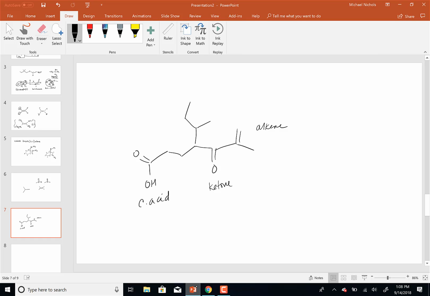Okay, so we've got to come up with the longest continuous carbon chain, and it's got to contain the alkene and the ketone, because those are both groups that can be part of the longest chain. But which is the number one highest priority group overall? The carboxylic acid. So that's where our chain is going to start, and that's also where the numbering is going to start.